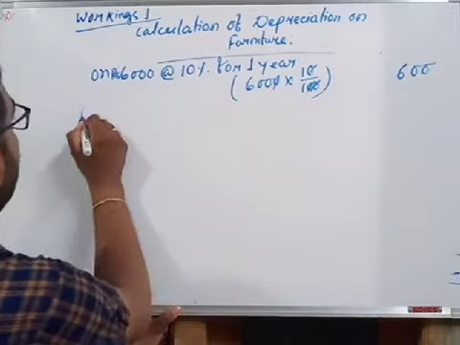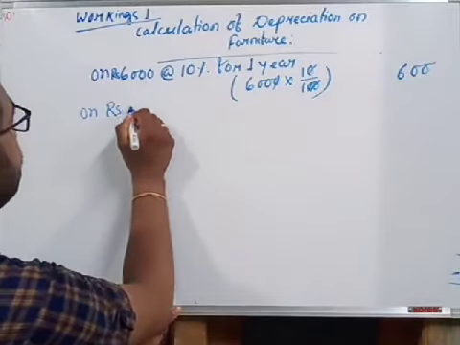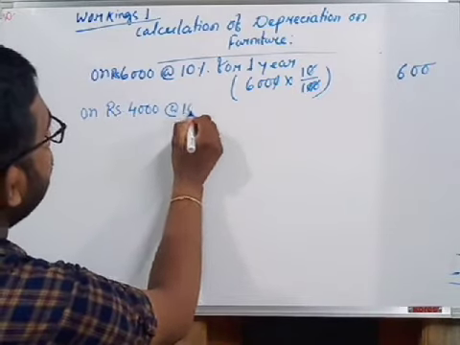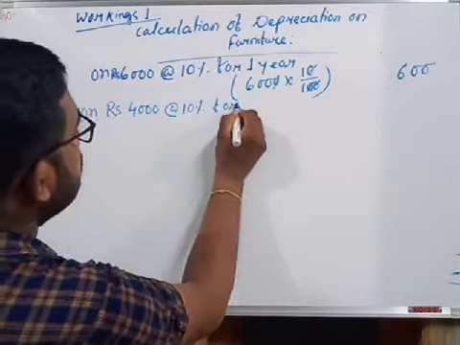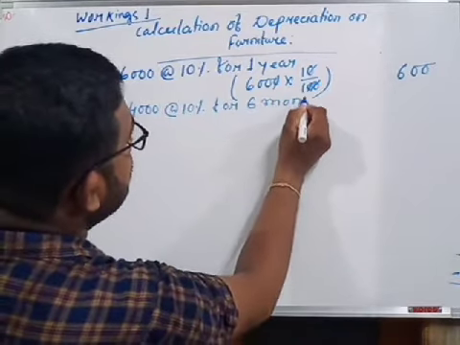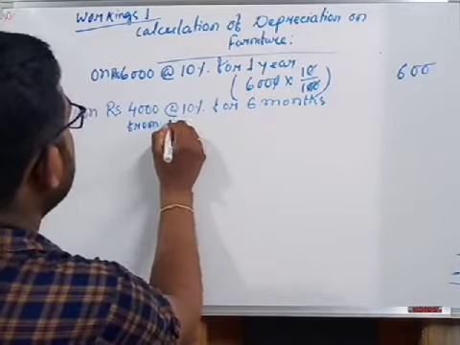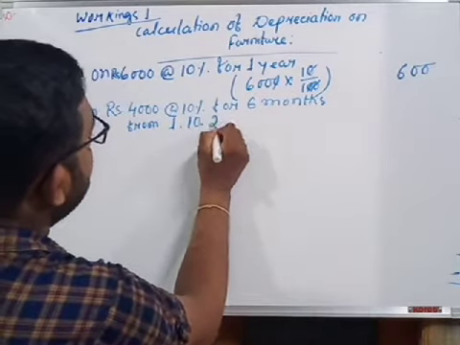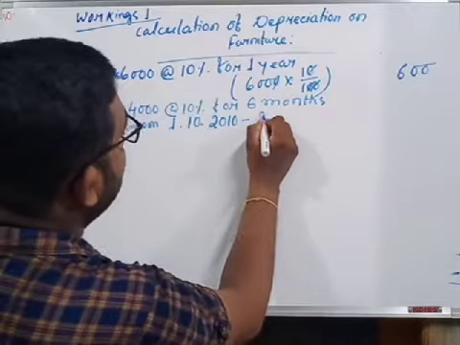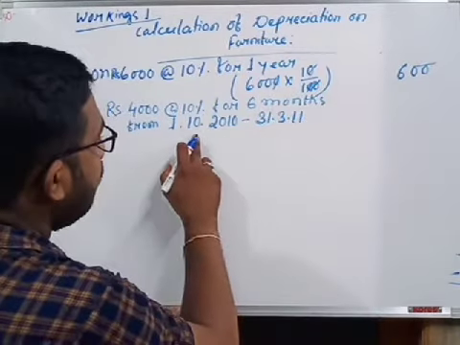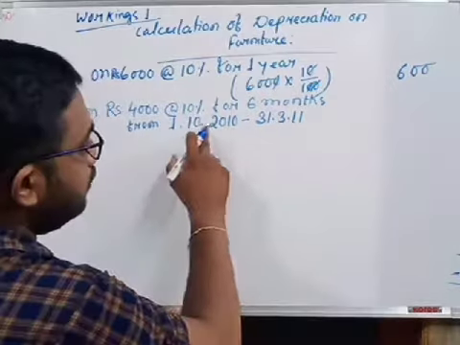Okay, and on rupees 4,000 at the rate 10% for 6 months. Why is it 6 months? From 1/10/2010 to 31st March 2011. So that is October, November, December, January, February, March.